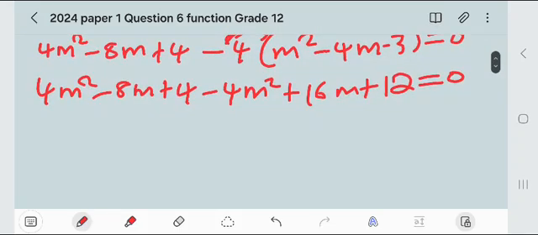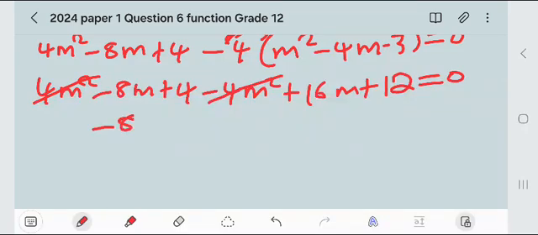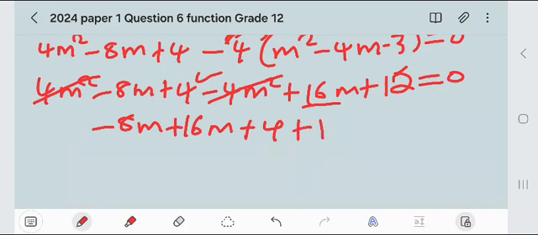Then as you can see, this and this will cancel. You're left with minus 8m. These are like terms, so plus 16m, plus 4 plus 12, which is equal to 0.